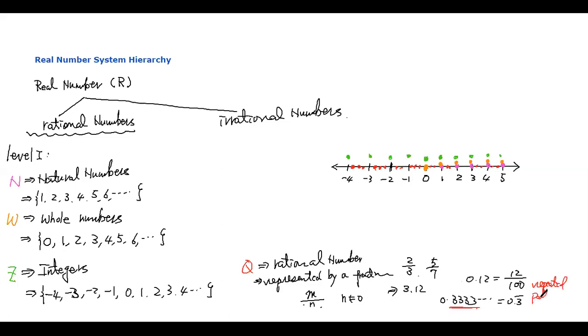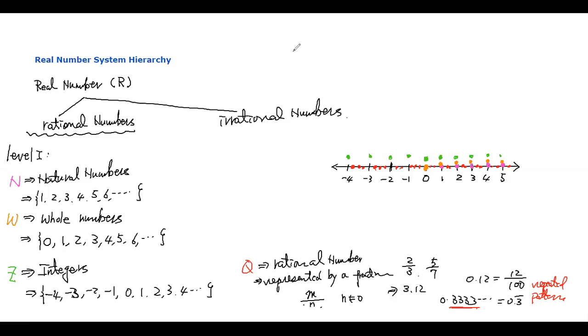So that's what we call repeating patterns. But even after we find the rationals, we still see some holes inside this real number line. That is what we call the irrationals.